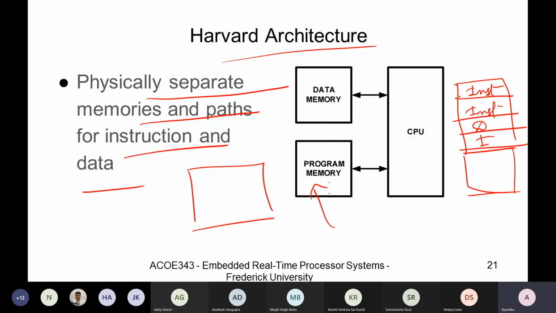So the search time for any single instruction or any single data will be more. Of course, whatever you have answered is correct. That is a correct answer, that if we go for separate memory, we can increase the chance of parallelism. So I think it is clear why this Harvard architecture came into the picture.